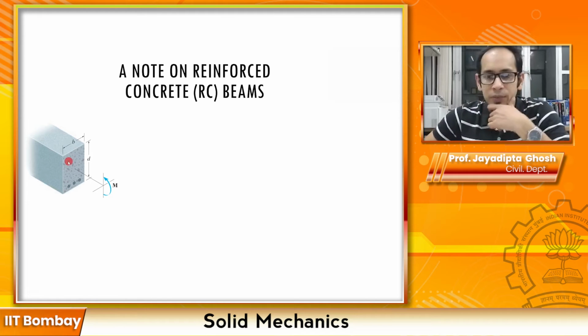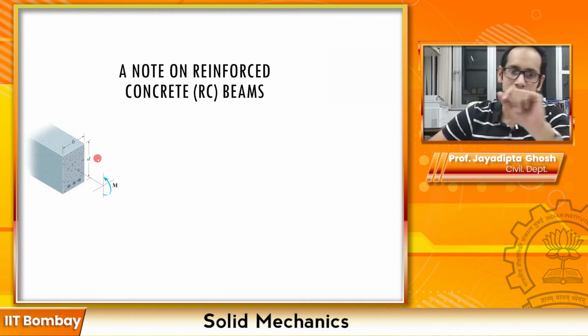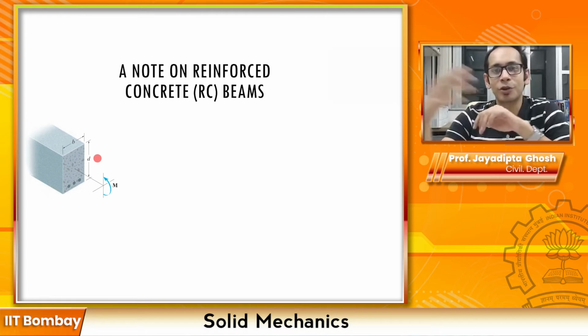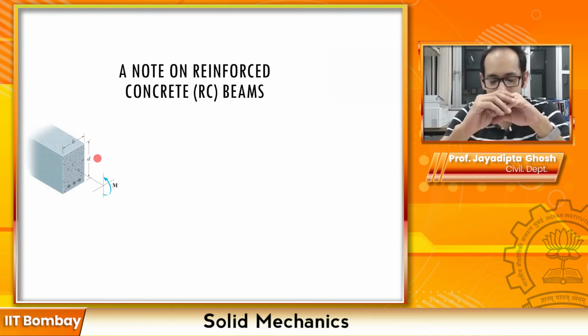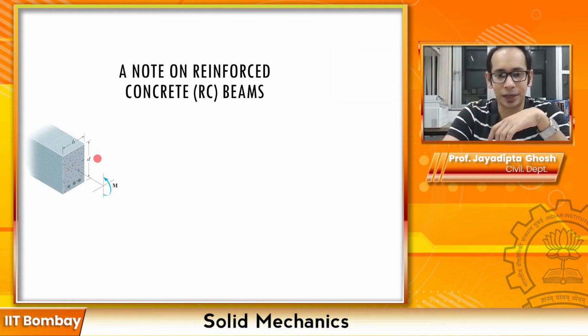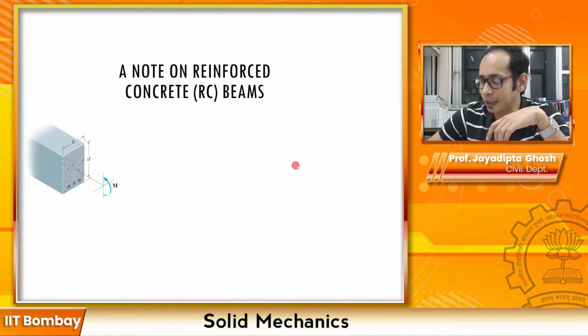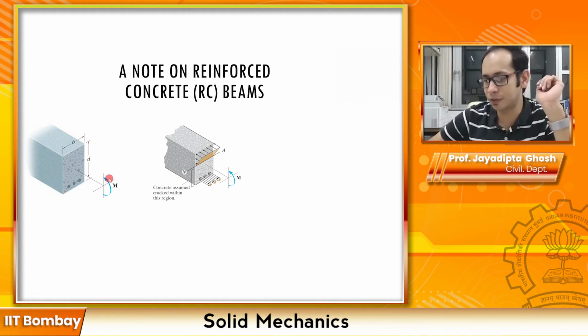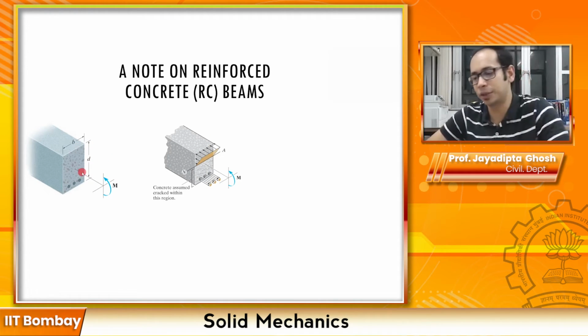Now here in this beam also you will have a neutral axis somewhere, right? Now what is typically assumed, and this I am saying over and over, and you will hear this a lot more when you take the concrete design, is that when you have a beam made of reinforced concrete and you have a neutral axis somewhere within the section, because of this moment the top is in compression and the bottom part is in tension.